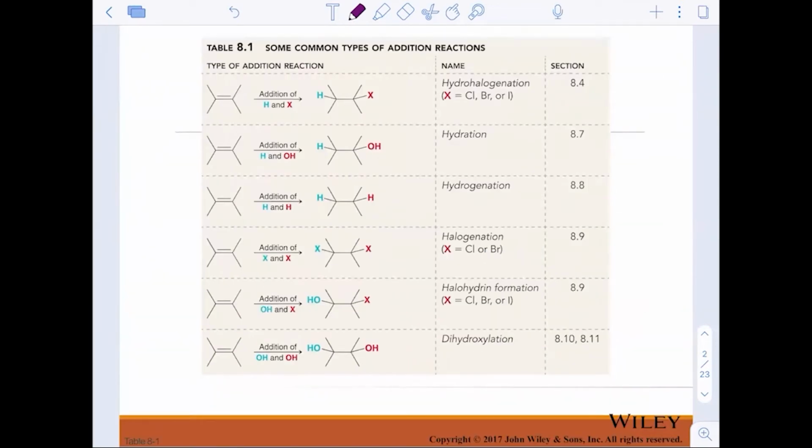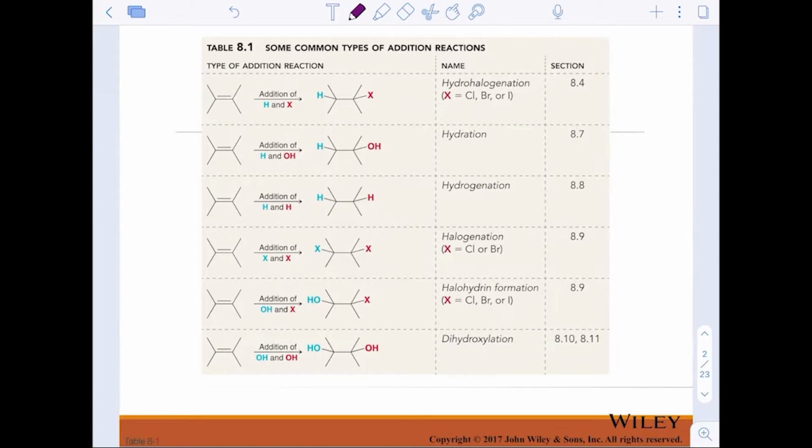I really like this table in your textbook. It gives you that nice flow of this chapter, and we are going to follow this flow as well. So as we start off, we'll see today a couple of thermodynamic considerations for all of our addition reactions.